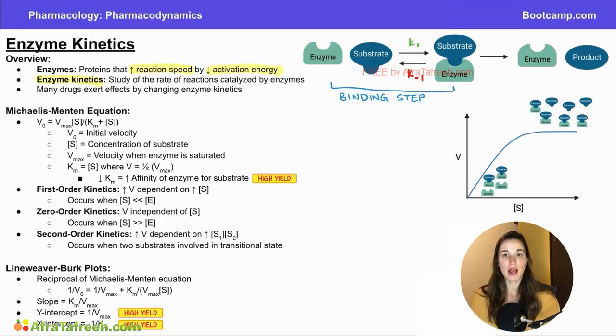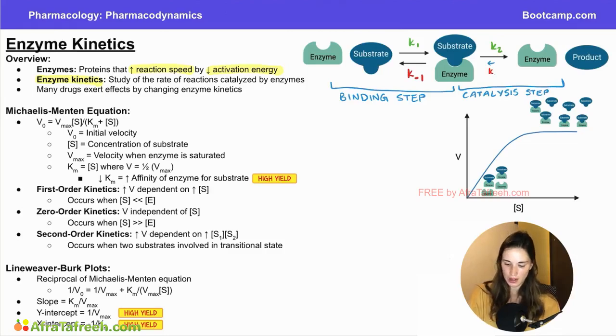The second part of this reaction is the enzyme-substrate complex forming the product and the enzyme breaking off from the product, and this is known as the catalysis step. This step is going to have its own rate constant, known as K2, and then this is also technically a reversible reaction, so that's going to have a reverse rate constant of K-2.